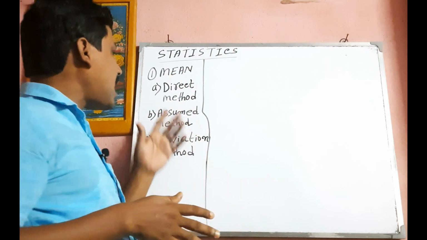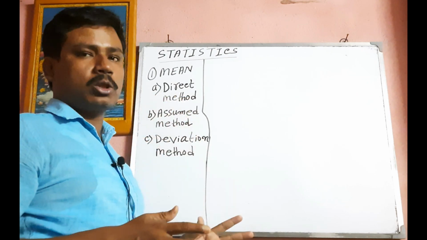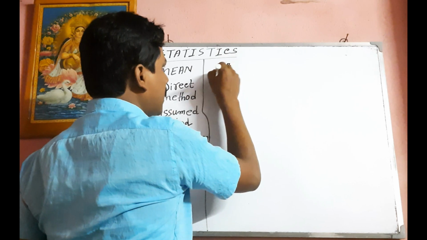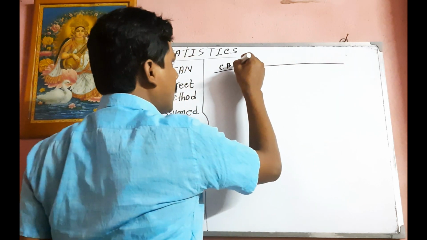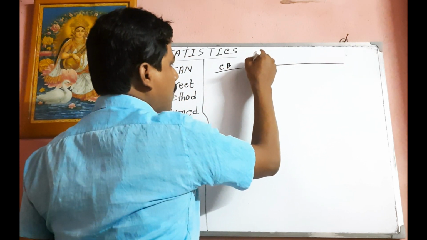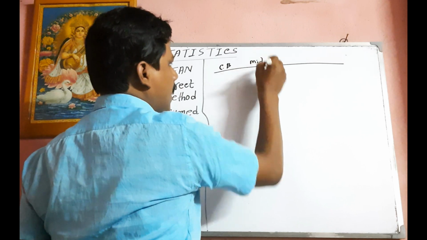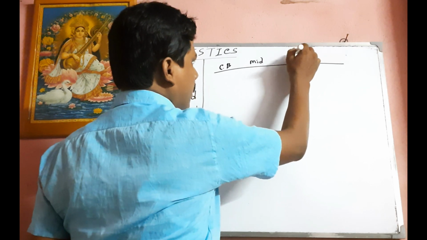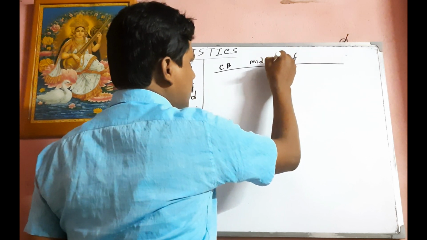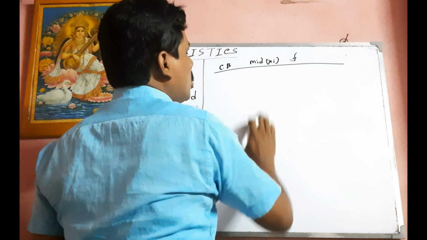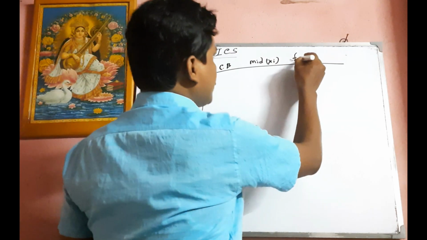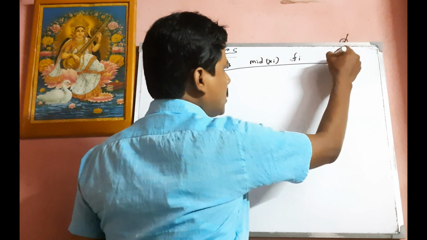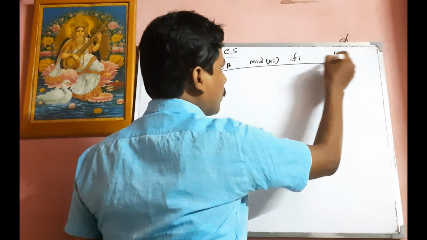So at first we are discussing the direct method. Suppose this is the class boundary, this is the mid, denoted as xi, and this is the frequency, denoted as fi, and this is fi xi.